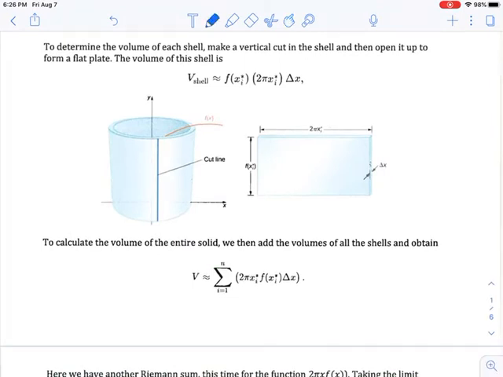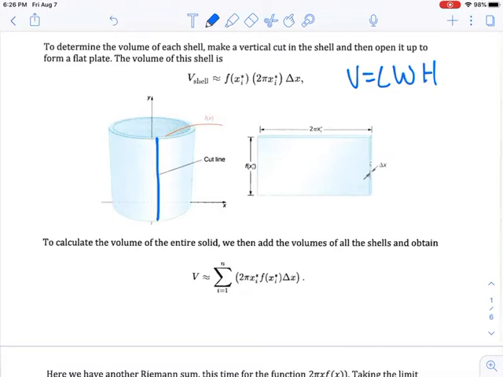To find the volume of any particular cylindrical shell, we can split it open. Just cut it right straight down and lay it open. And when you do that, you form a rectangle. And so the volume of any rectangle is basically the length times the width times the height.